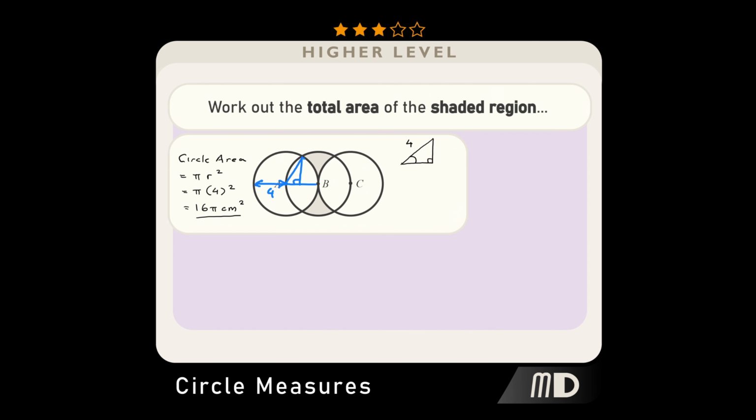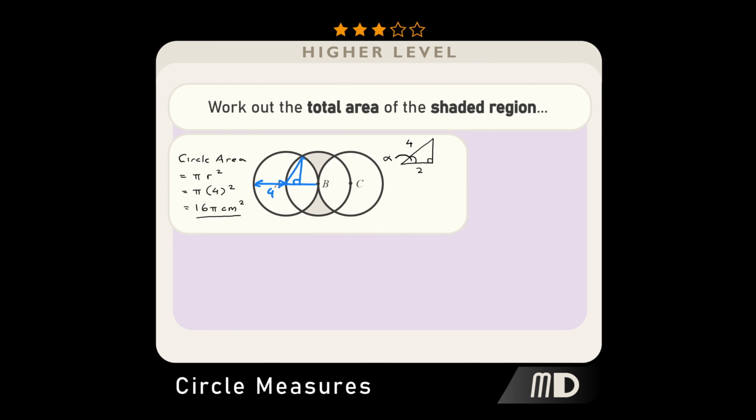The base of the right-angled triangle is half the radius, so its length is 2 centimeters. For a right-angled triangle with a hypotenuse of 4 and a base length of 2, we can use trigonometry to calculate the size of the angle labeled alpha on our diagram.